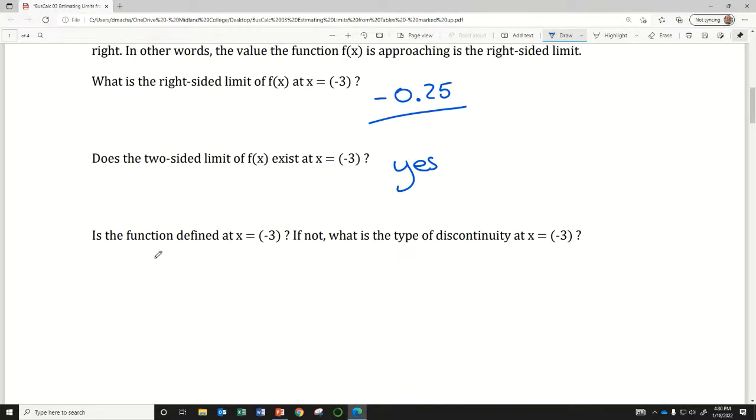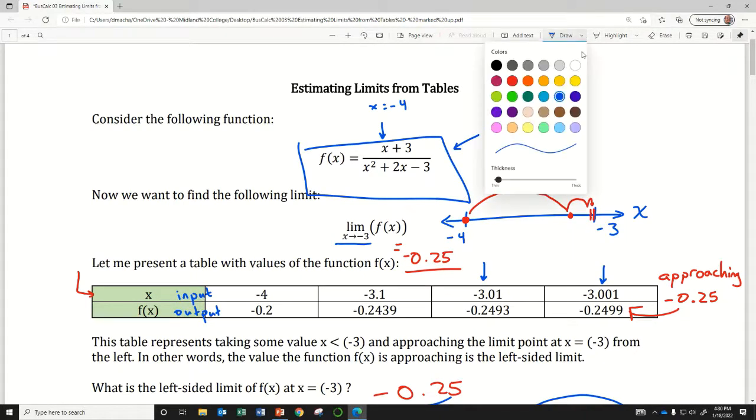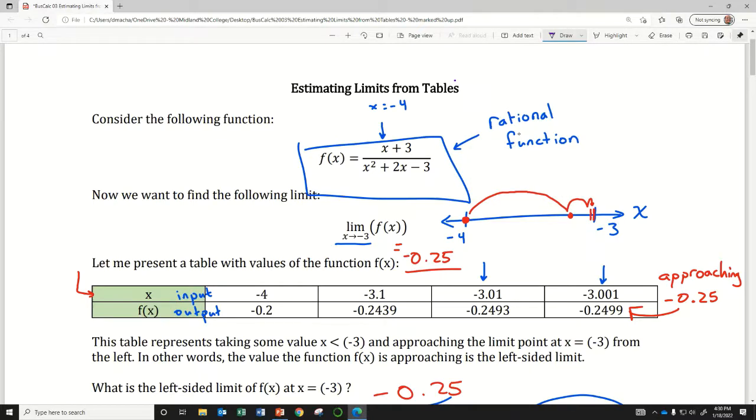Lastly, we ask, is the function defined at x equals -3? We take a look at my function and ask, is this defined when x is equal to -3? Let's find out what would be the value of this function if I take f of -3. In the numerator, I have -3 plus 3, and in the denominator, I would have -3 squared plus 2 times -3 minus 3.